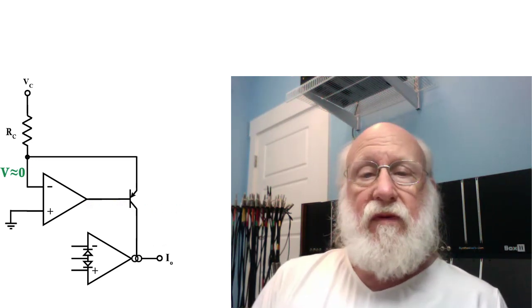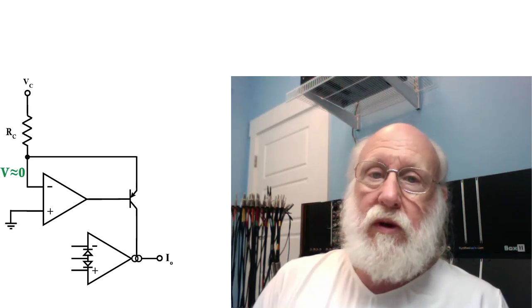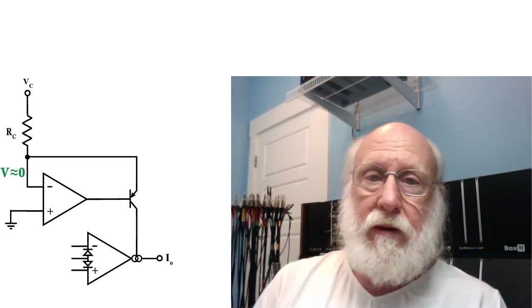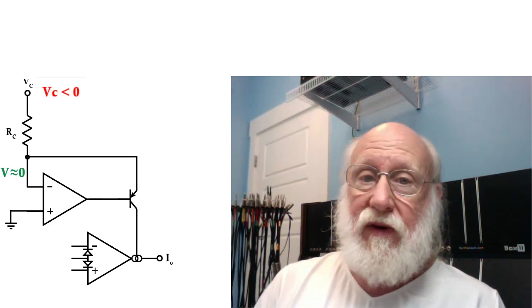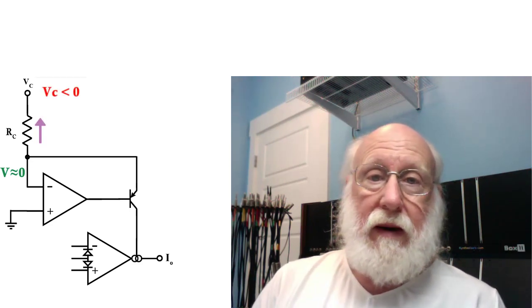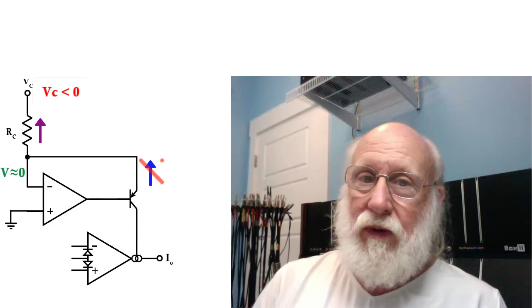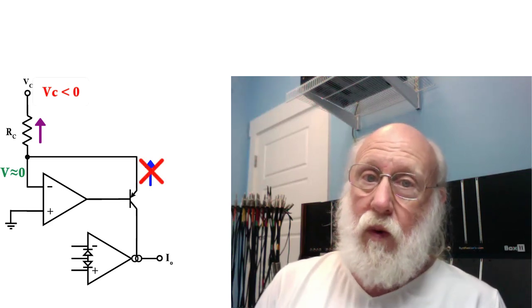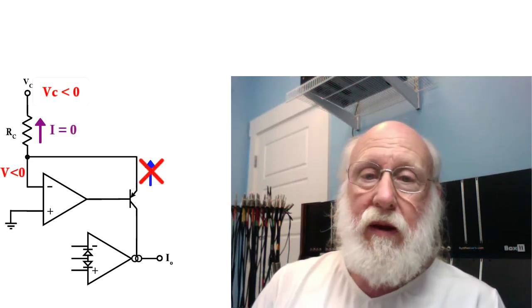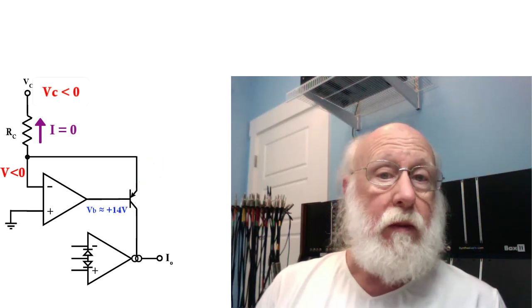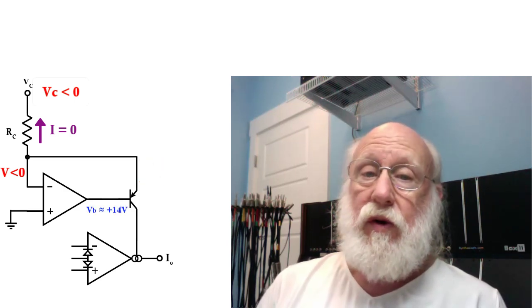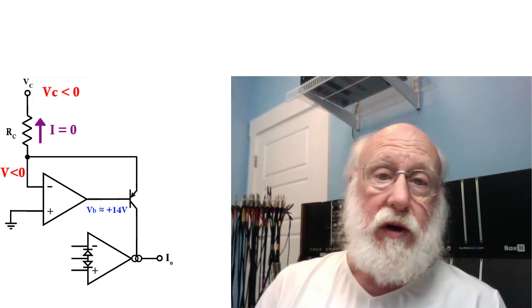Now, this very, very simple current source does have a few problems. If V sub C goes negative, that transistor can't conduct current in the opposite direction, which is what would be required in this case, and so the op-amp is going to peg itself to the positive saturation voltage, somewhere up around 14 volts.